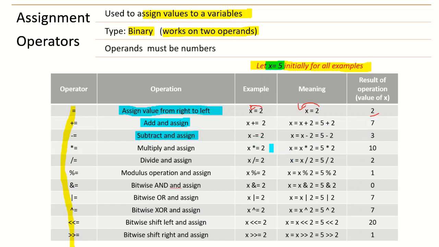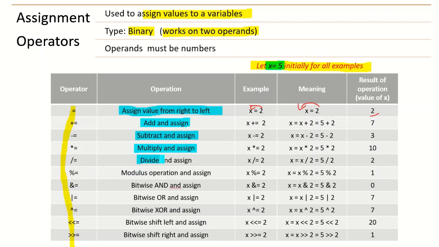Subtract and assign. It is x minus equal to 2. The meaning is x is equal to x minus 2. So 5 minus 2 equal to 3, the result. Star equal to, which is multiply and assign. Example is x star equal to 2, x is equal to x star 2 equal to 5 star 2 equal to 10.